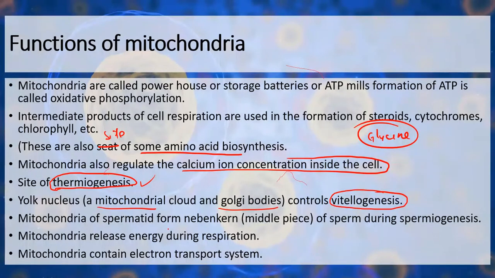Spermiogenesis means formation of sperm, and mitochondria help in the formation of the middle part of sperm, which is known as nebenkern. Mitochondria release energy during respiration, and mitochondria contain the electron transport system. The electron transport system is controlled by the cytochrome complex. They are the electron carrier molecules.